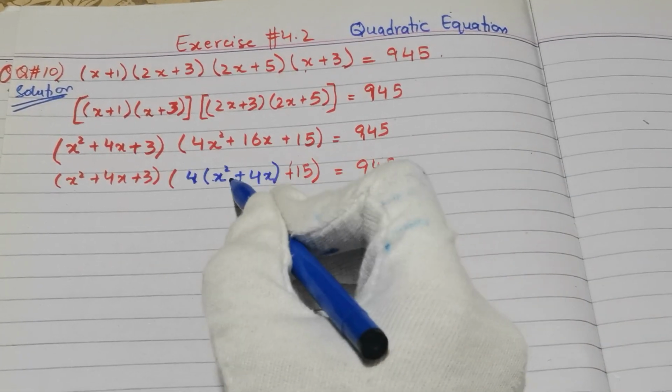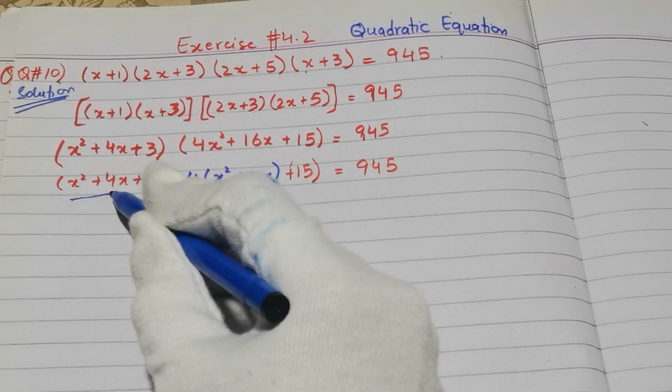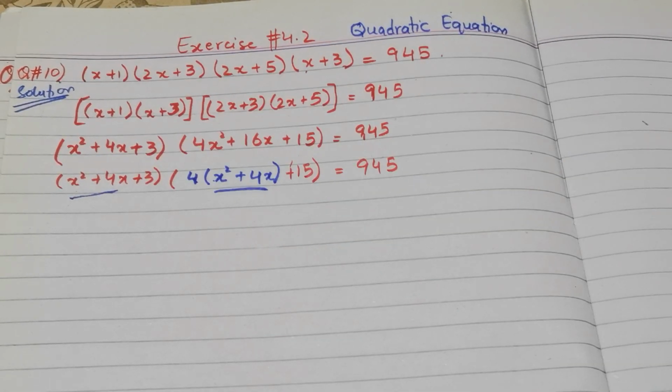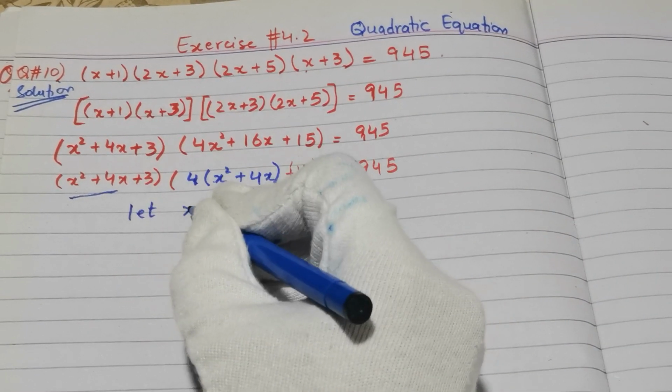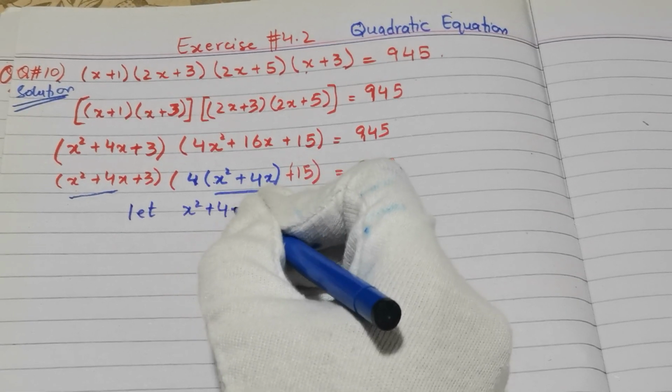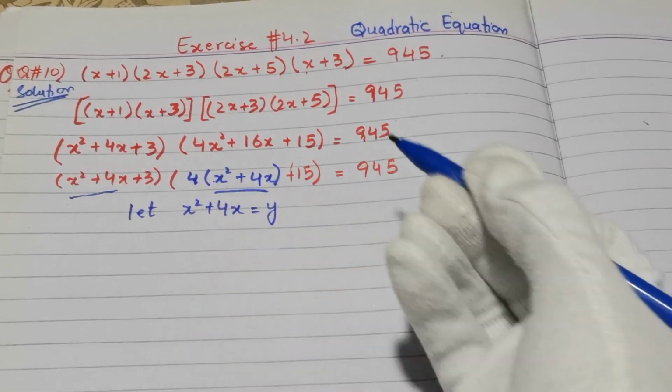Now you can see that this term and this term are the same. Both of these two terms are the same, so we consider this term as y. x square plus 4x is equal to y. Why do we consider this?